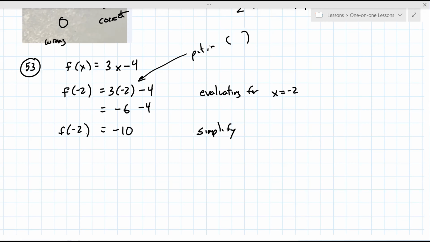I guess I didn't hear which one you're doing next, so Number 55. Okay, I see. It's to the right there. And it should be f of 1 equals 4 by the end of it.